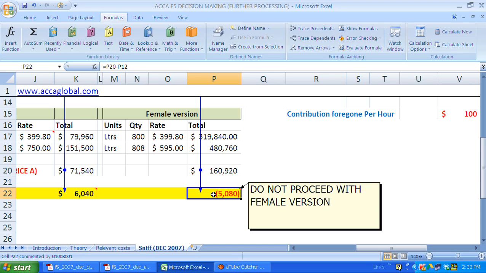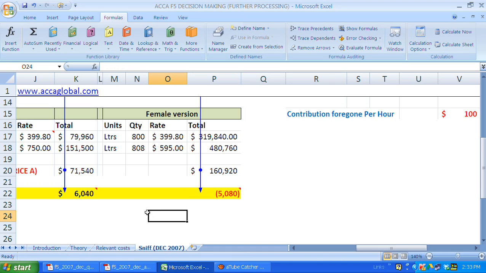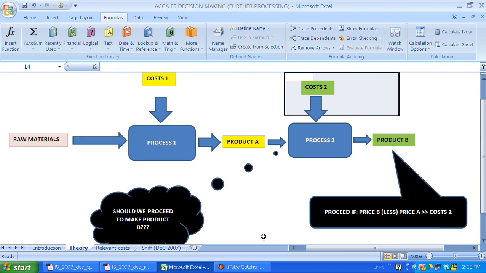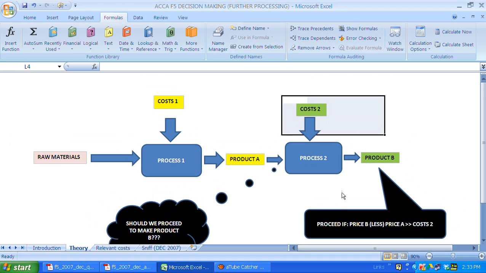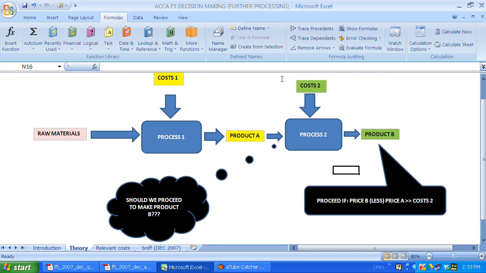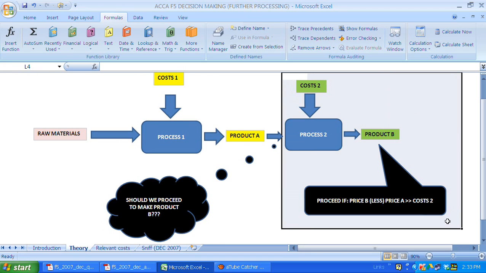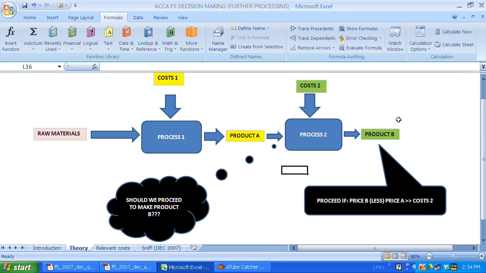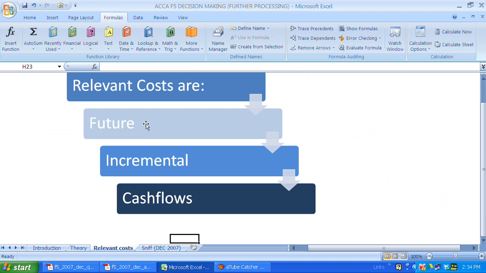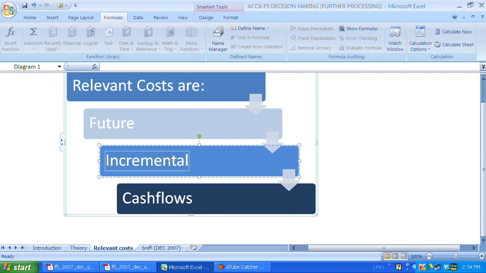Okay, so a quick recap. We're trying to evaluate whether we should go ahead and proceed with process 2. To be able to do that, we should only proceed if the price of B less the price of A exceeds the additional costs, and we define the relevant cost as a future incremental cash flow.